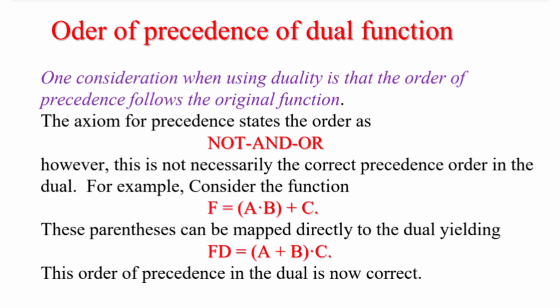The dual of the original function is fd equal to (a plus b) into c. Here the operation between a and b has the highest precedence, since in the original expression the operation between a and b has the highest precedence. So the dual follows the original equation as far as precedence is concerned. So a plus b will have the highest precedence compared to the into c over there.